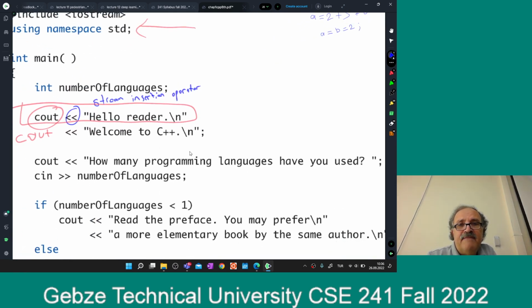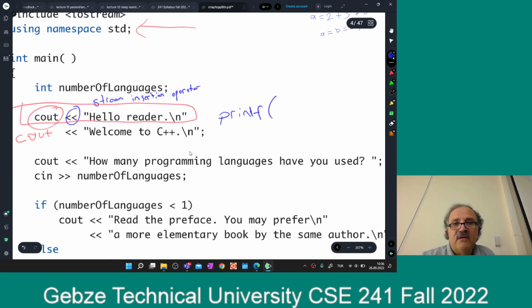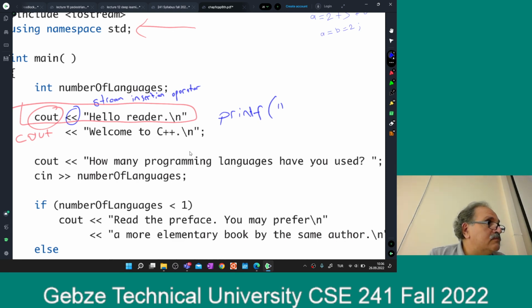Let's write this in C. printf. Okay, tell me what should I do? I should have a format string, right? What should I write in here? I can write hello reader, but that wouldn't be exactly the same thing.